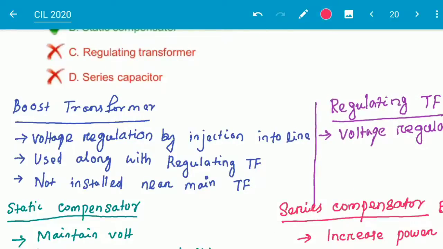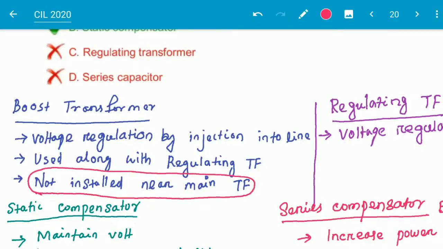Boost transformer is generally not used near the main transformer or near the grid where the main transformer is installed. It does voltage regulation by injection into the line, and is used along with a regulating transformer.